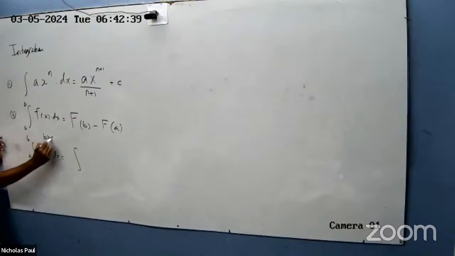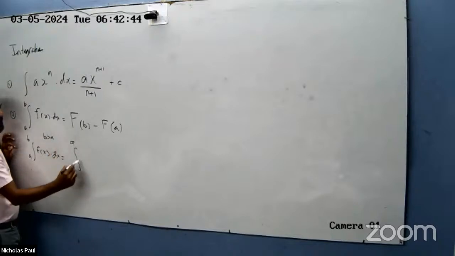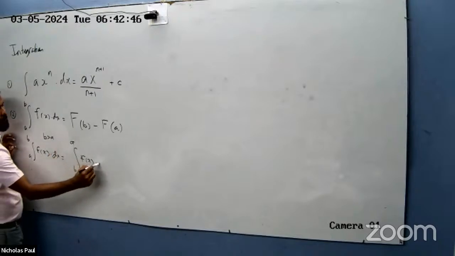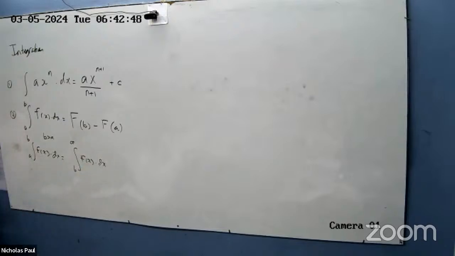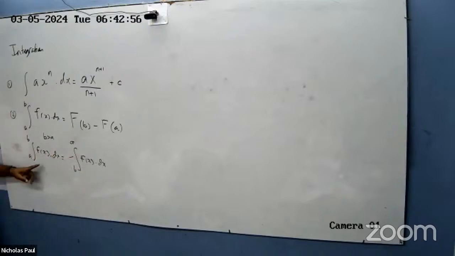What do you think would happen if I had put in a and then b in the integral? What do you think would happen? You'll get negative value. Right? Nice little rule to remember. If instead of putting b to a, you put a to b, you'll get negative value. All right?